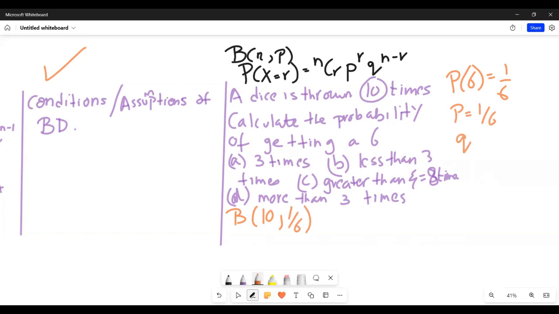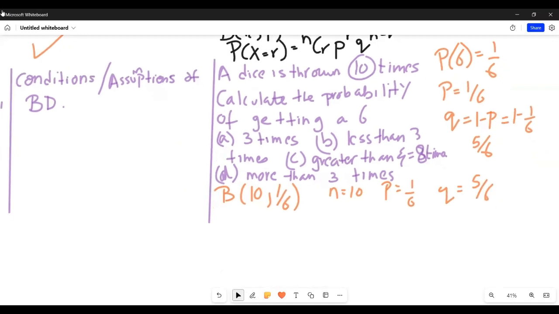q is the probability of failure, which is 1 minus p, which would be 1 minus 1 upon 6, which would be 5 upon 6. Okay. So n is 10, p is 1 upon 6, q is 5 upon 6, and r is 3 for the first part.